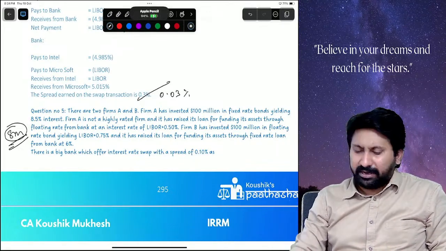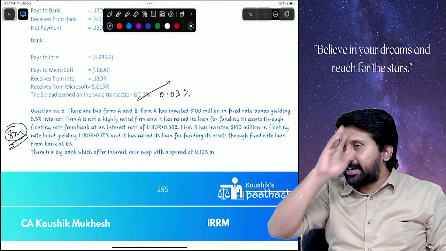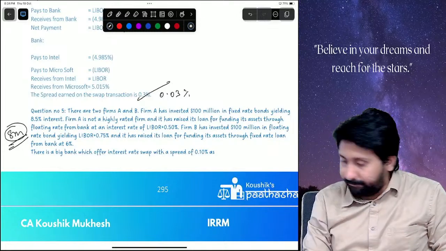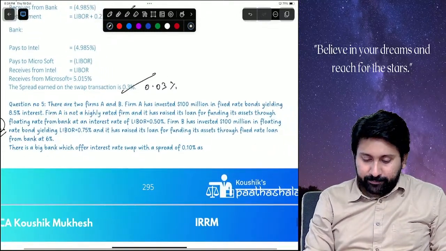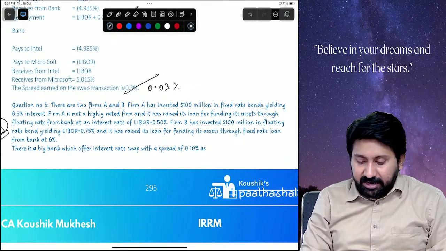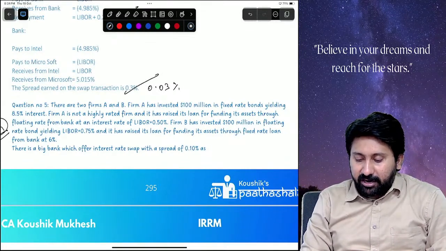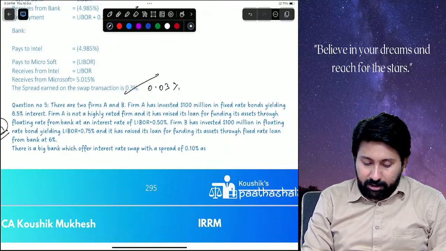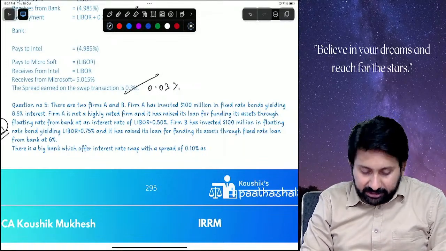Let's read. But if you properly understand, dead easy. There are two firms, A and B. Firm A has invested $100 million in a fixed rate bond yielding 8.5% interest.